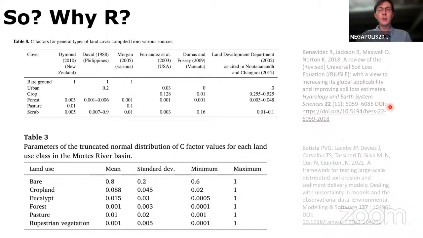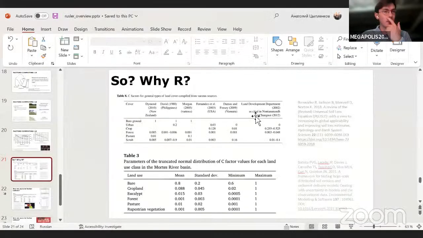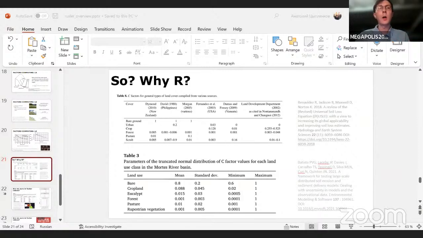In my last mail, I have sent you a link to the RStudio server we run especially for this workshop. There's also a link on our website, megapolis2022.ru, and you can find the R server link there.